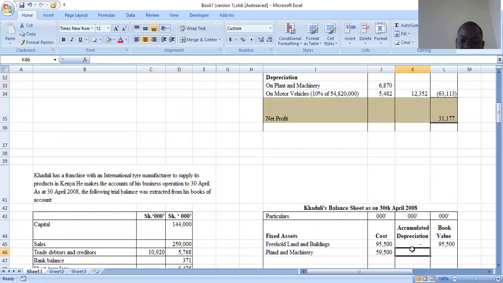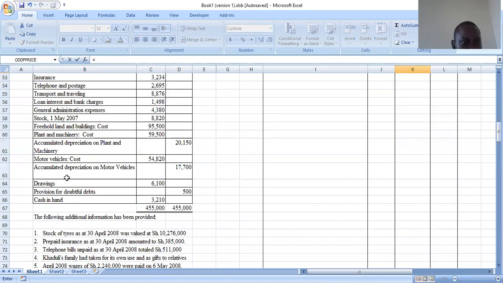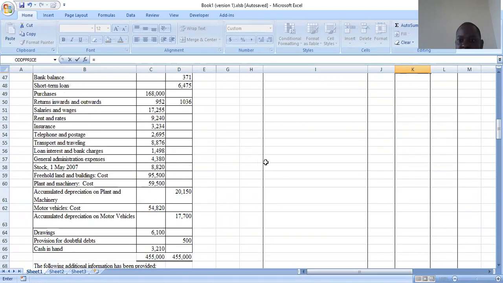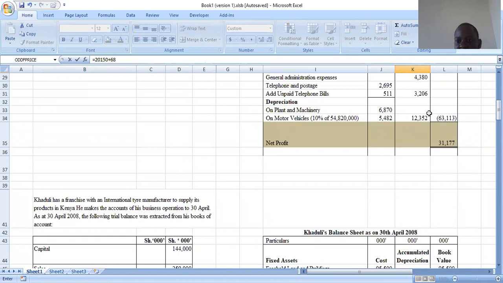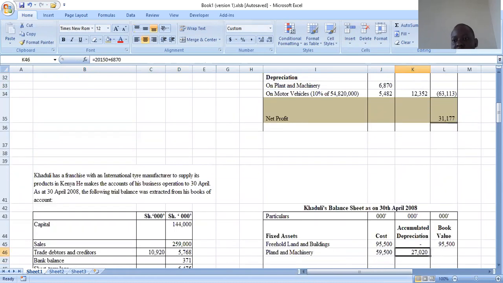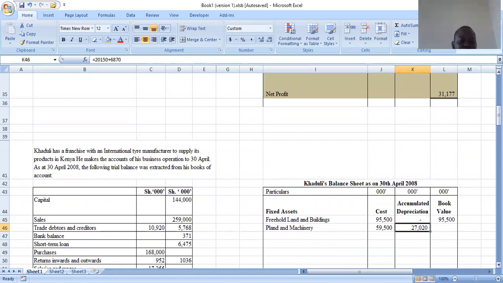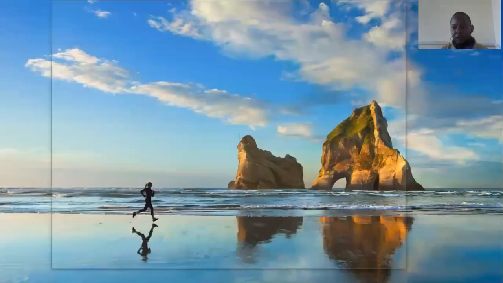That is the accumulated depreciation at the beginning plus the depreciation for the year, which gives us 27,020. Everyone has seen that? So the accumulated depreciation for plant and machinery is 27,020.